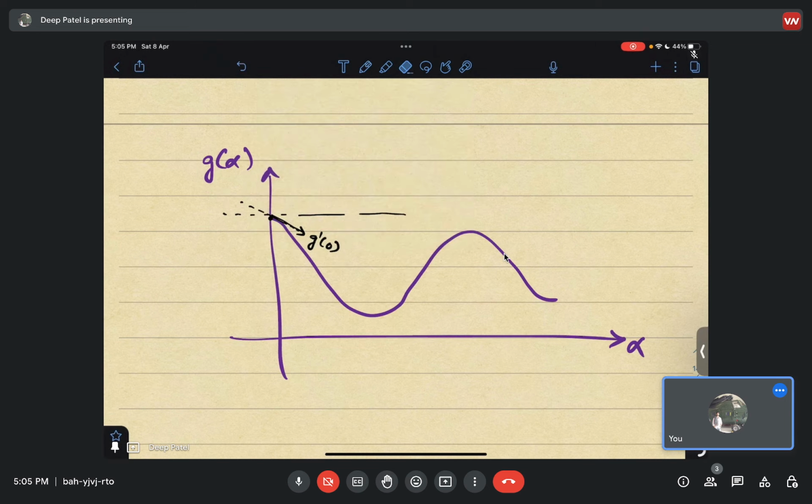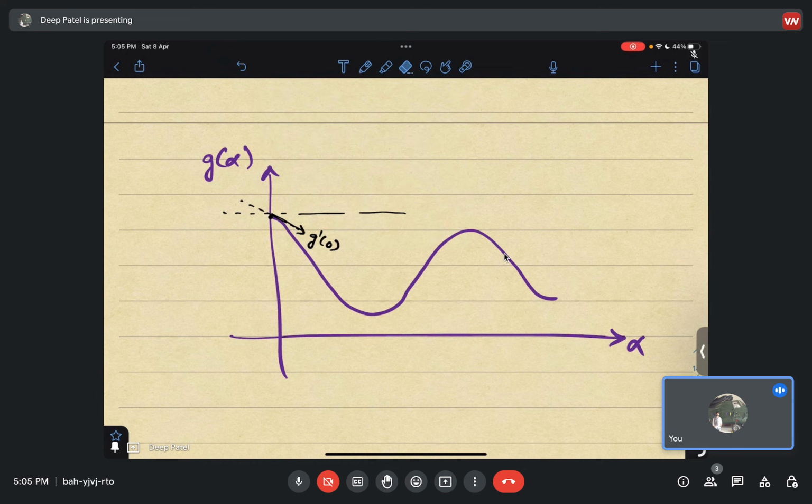So, for example, the first condition said, okay, you want this. So this region is fine.